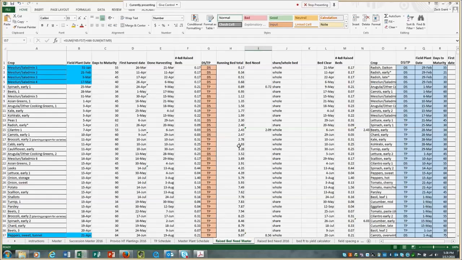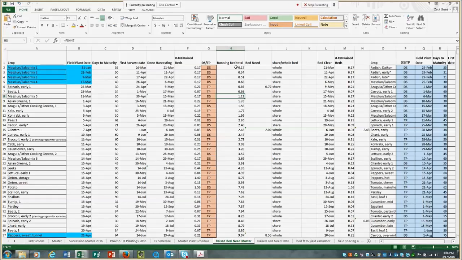Essentially what it gets down to is a running bed total in column H here, and then the bed need in column H. I have this arranged over here in column B in chronological order of when things are going to be planted in the field and what the running bed total I'm going to need is. So the equations are embedded in here. You might be able to adapt this to your specific need.